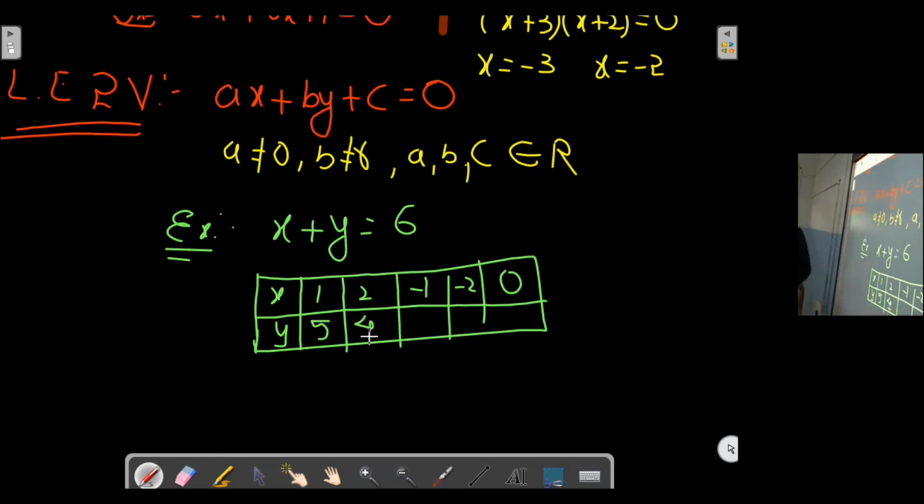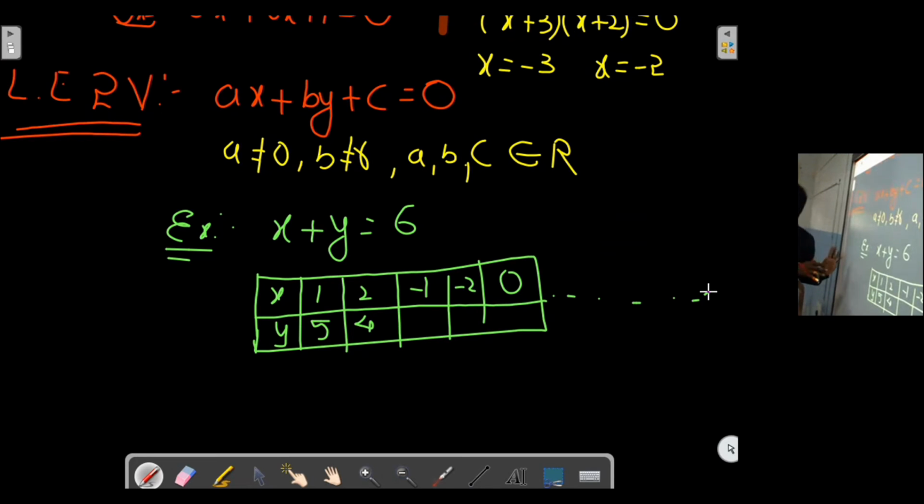If you keep going on writing like this, how many solutions are there? Infinite number of solutions are there, because x is independent and the real numbers are infinite. You can take any number, there are so many numbers, and you will get that many solutions.